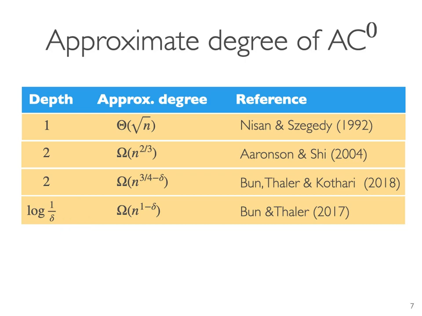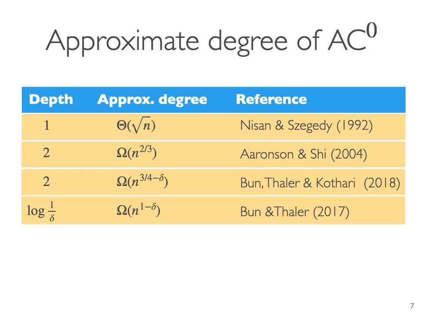All right, so this table captures the state of the art prior to our work. As you can see, there's a big gap in our understanding of the approximate degree for small depth versus large depth. This gap has persisted for the past 5 years with no techniques available to address it.